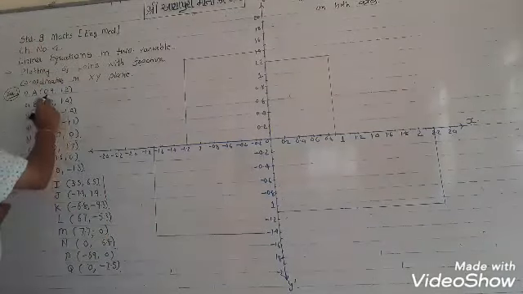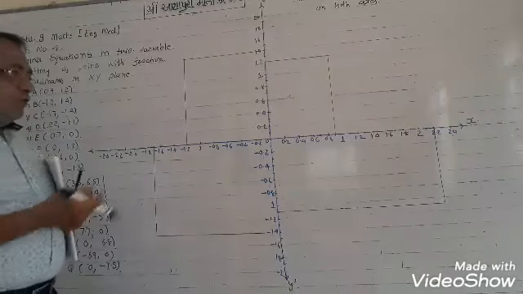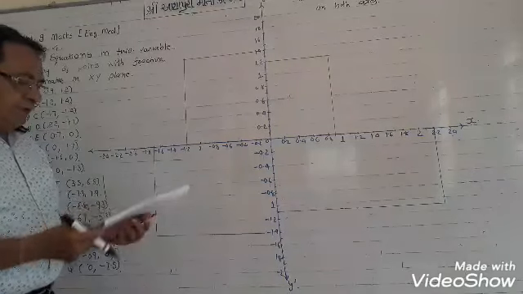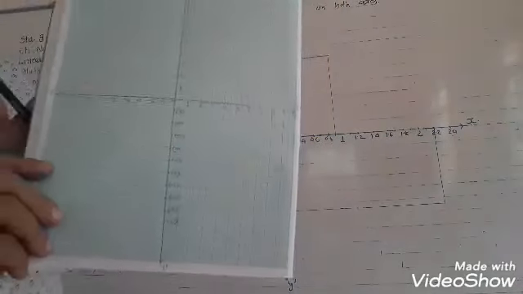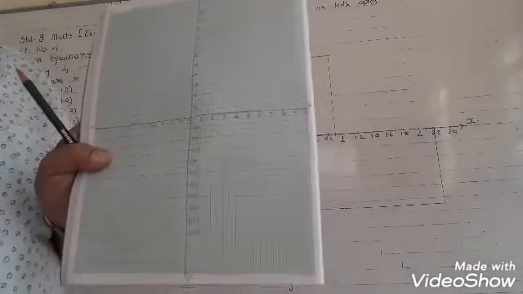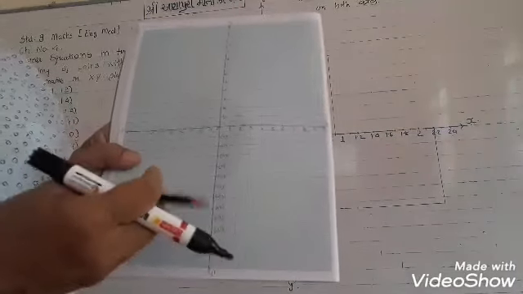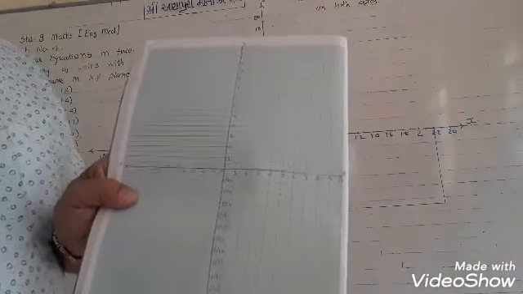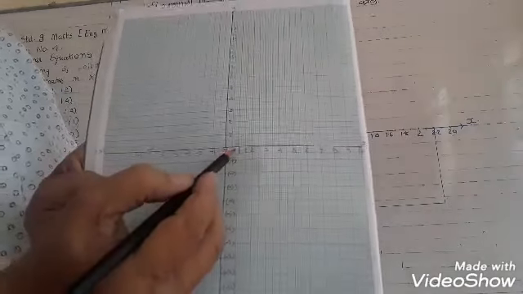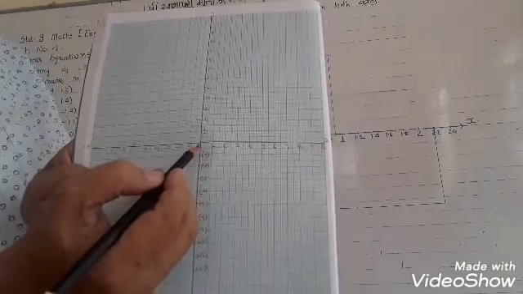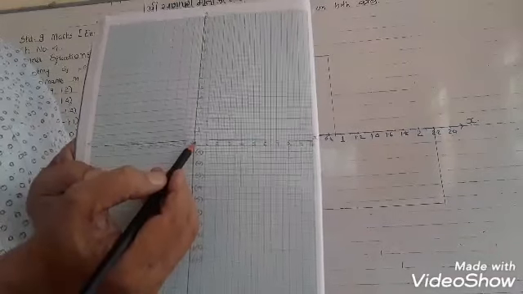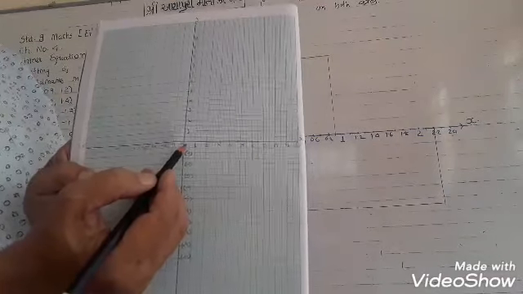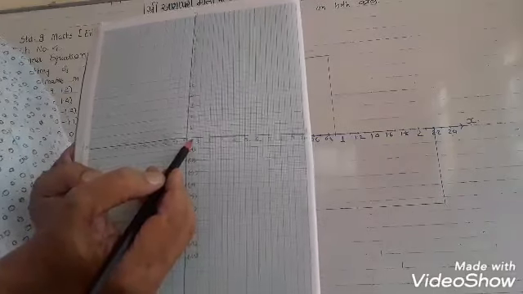Now 0.1 and 1.2. Where are they? See here, from 0 to 1, how many parts are there? 10 parts. So the value of each part is 0.1, 0.2, 0.3, 0.4.